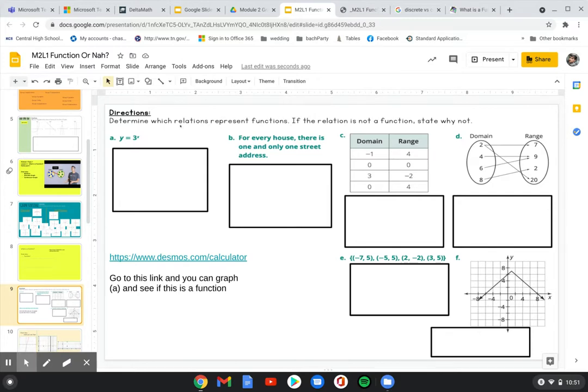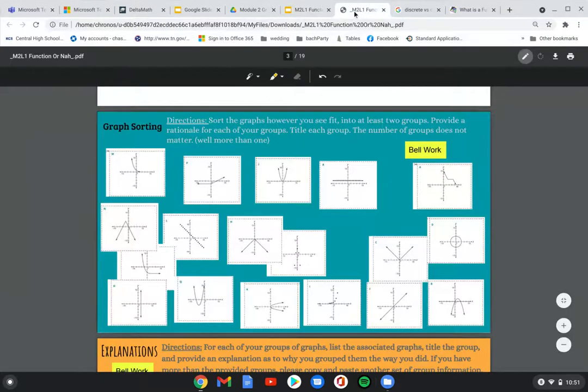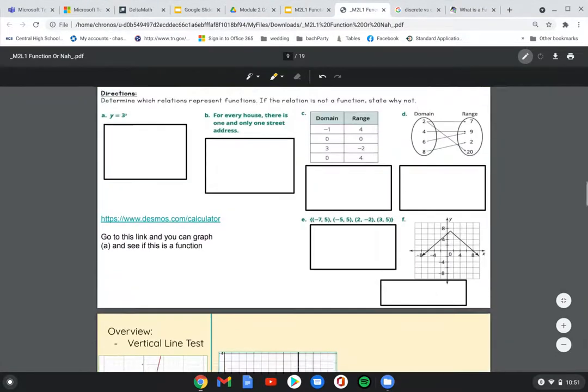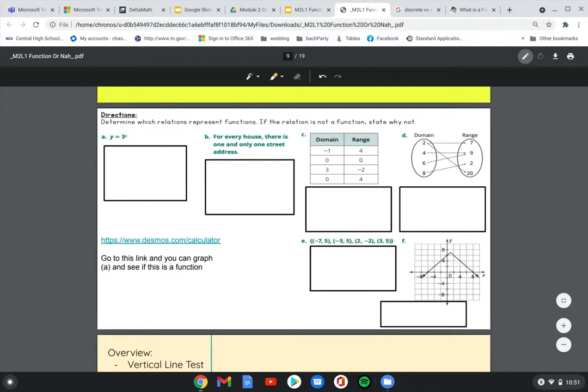All right. So determine, I'll go back to here so I can write. Determine which relations represent a function. Okay, so this A is a function. You can also graph these.